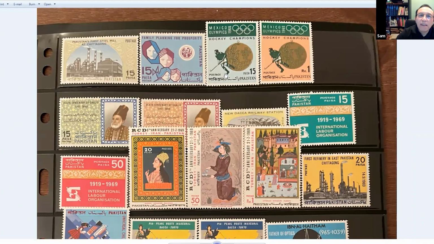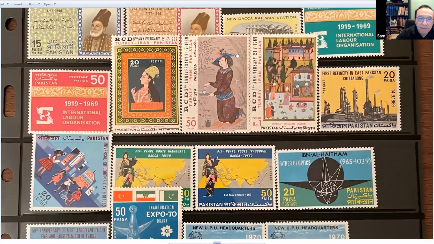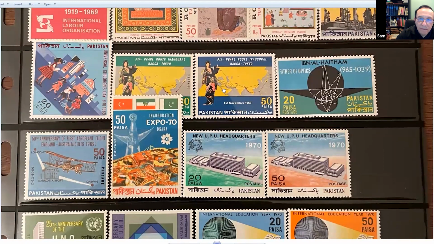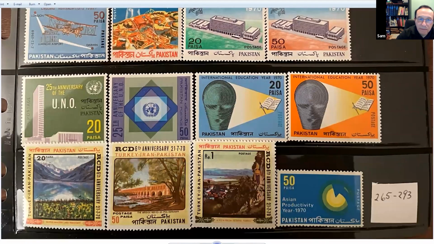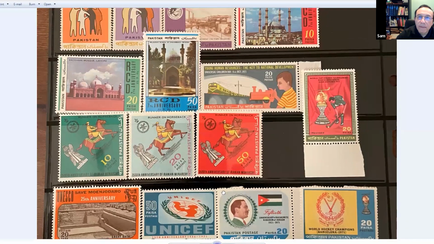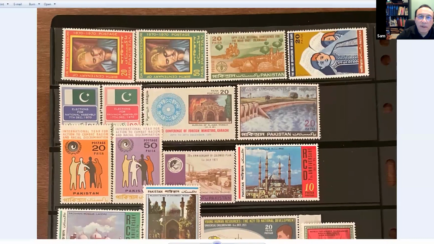And the hockey championship, and this is the Mexico Olympics, yeah. I think this is probably the last one of the regular stamps.